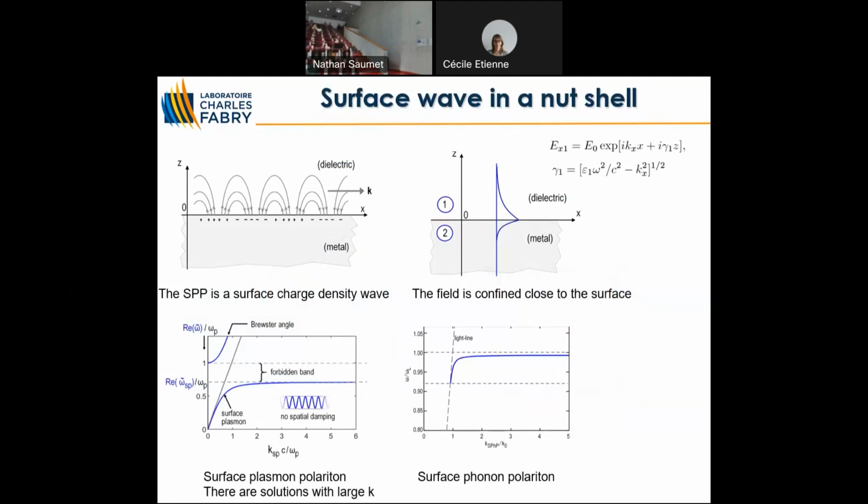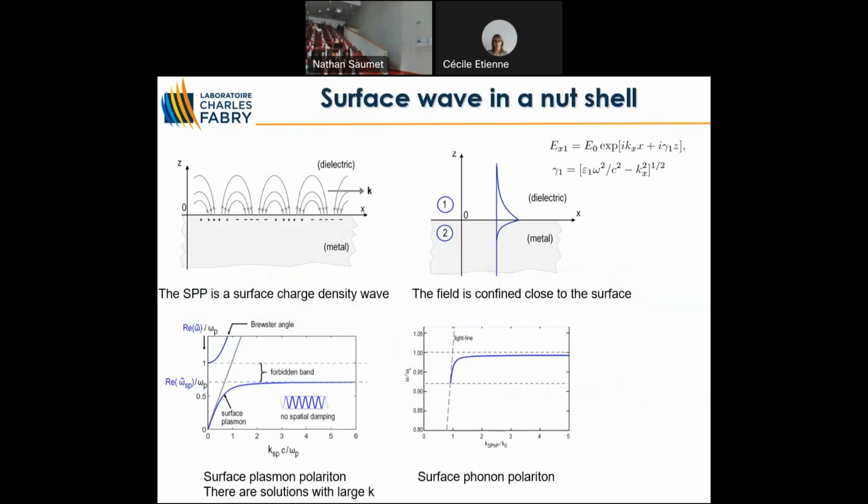So there are electromagnetic modes in Fourier space, and one of them is a surface plasmon. So in a nutshell, a surface plasmon in a metal is something like that. You have surface charges, and you have oscillation. So this is positive charges, negative, positive, negative. So this is a surface charge density wave. It propagates along X.